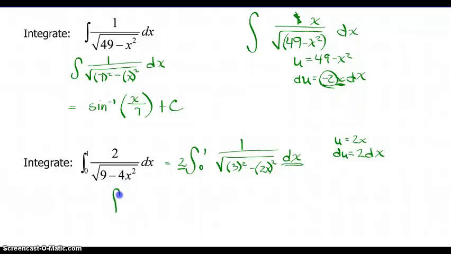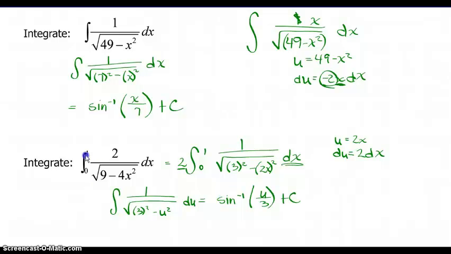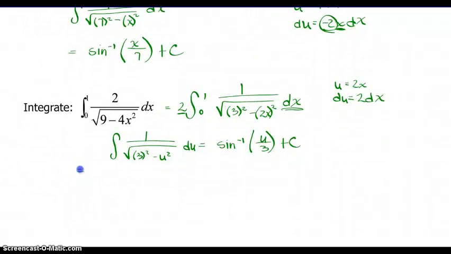So this antiderivative, if we want to do, again, in u substitution, we do the indefinite integral, would be 1 over the square root of the quantity 3 squared minus u squared du. And so the antiderivative of that would be the sine inverse of u over a plus c. Now this is a definite integral, so in our definite integral process, we substitute back into terms of the original variable.